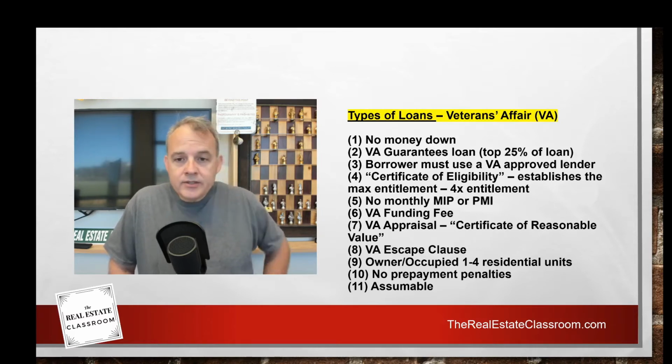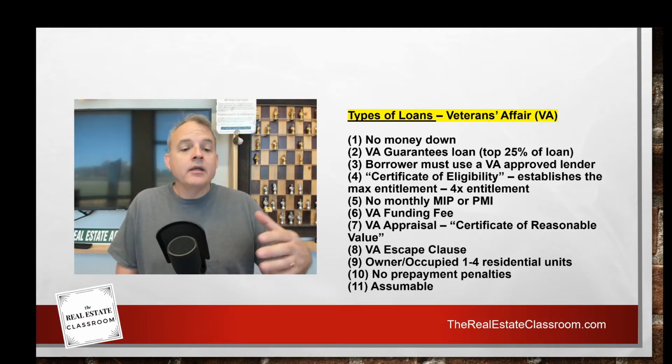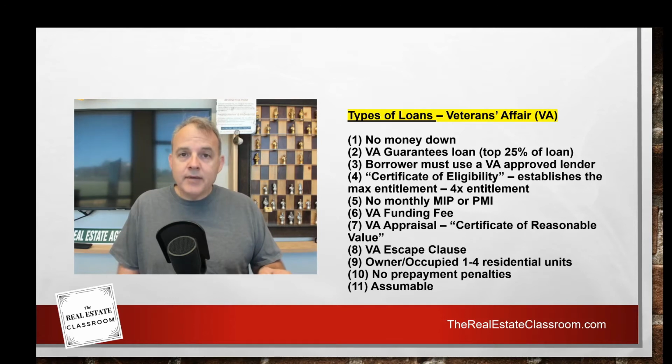It also says that if the VA appraiser identifies certain repairs that must be done, and the seller is unable or unwilling to do those repairs, then again, the buyer is able to void the contract penalty-free, meaning they get their earnest money back and those type of things.